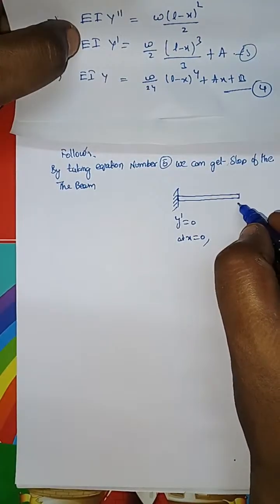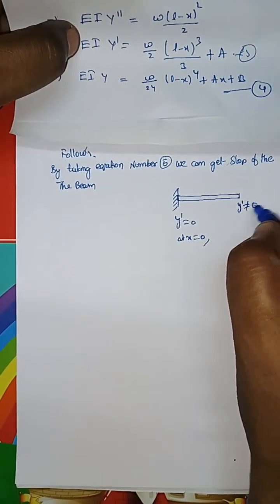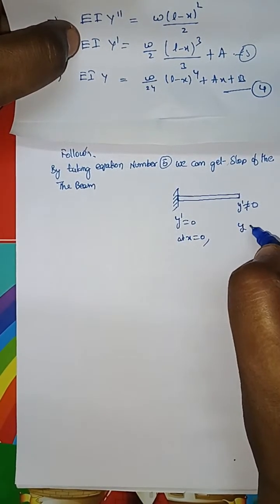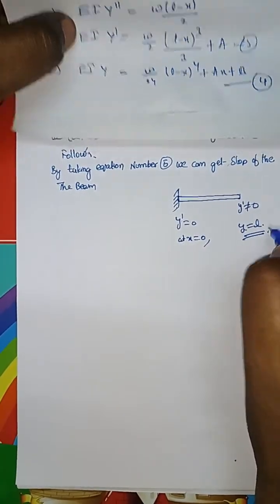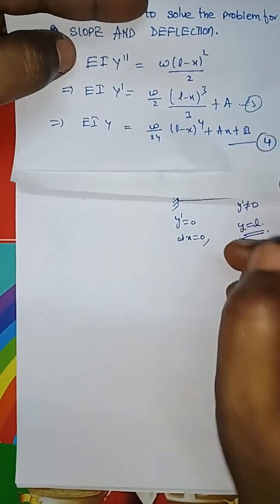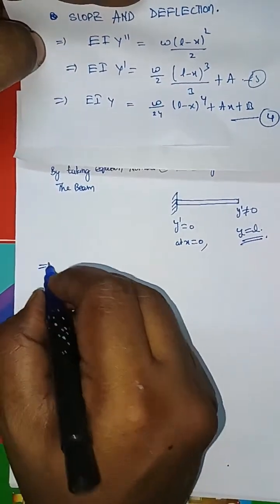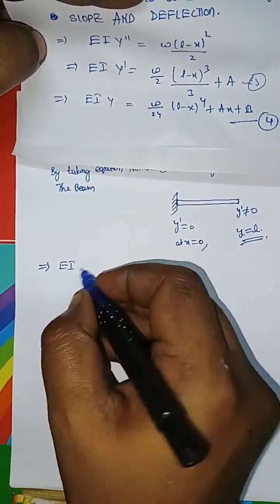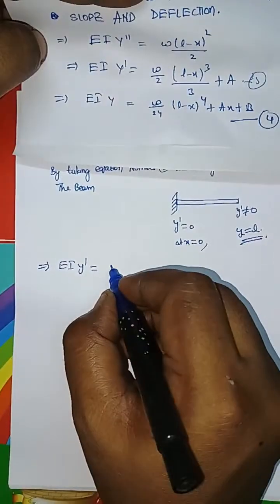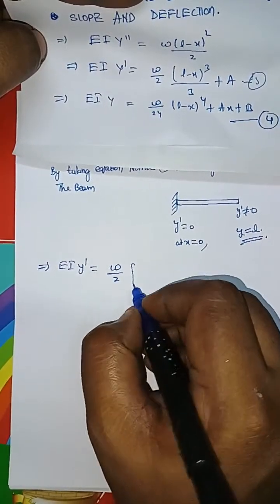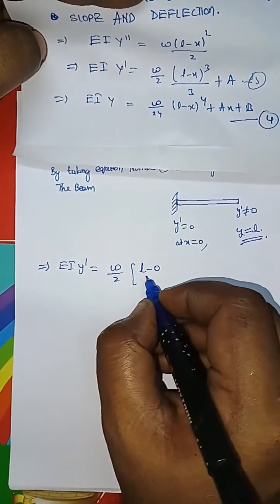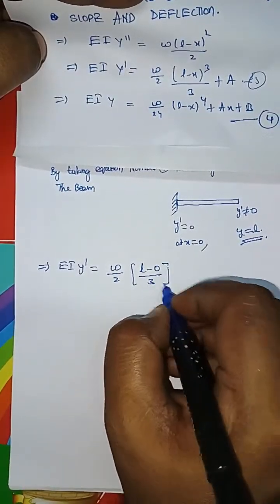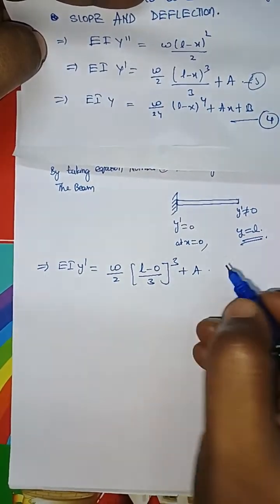Similarly, y dash is not equal to 0 at x is equal to L. So by taking the slope equation number 5, we can write that EI y dash is equal to w by 2 into (L minus 0) cubed by 3 plus A.